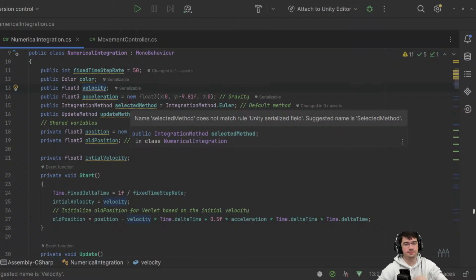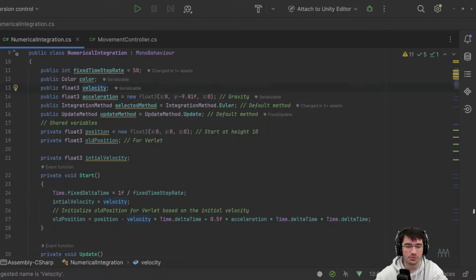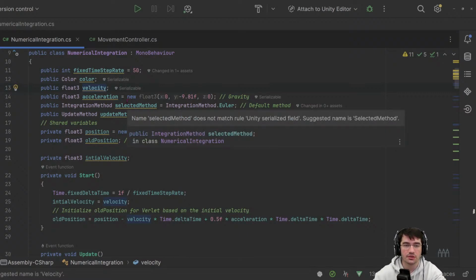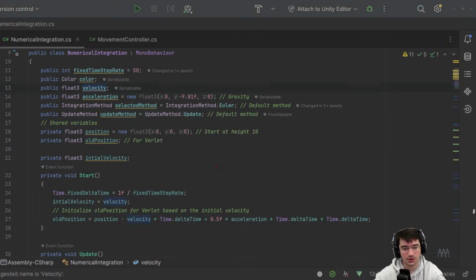I want to compute the initial velocity based on the height of the jump, and I don't remember what the formulas are.